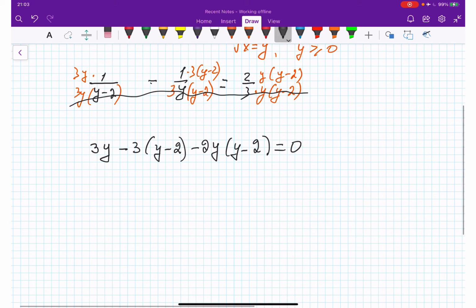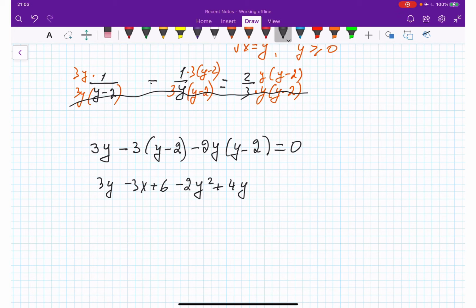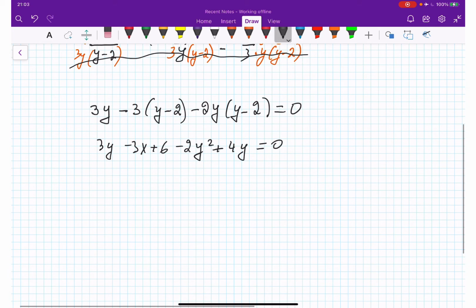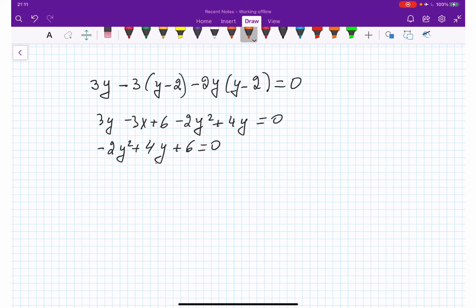And from here we will have 3y minus 3y plus 6 minus 2y squared plus 4y. I'm just doing simple distribution, right? Equal 0, and from here negative 2y squared plus 4y plus 6 equals 0.